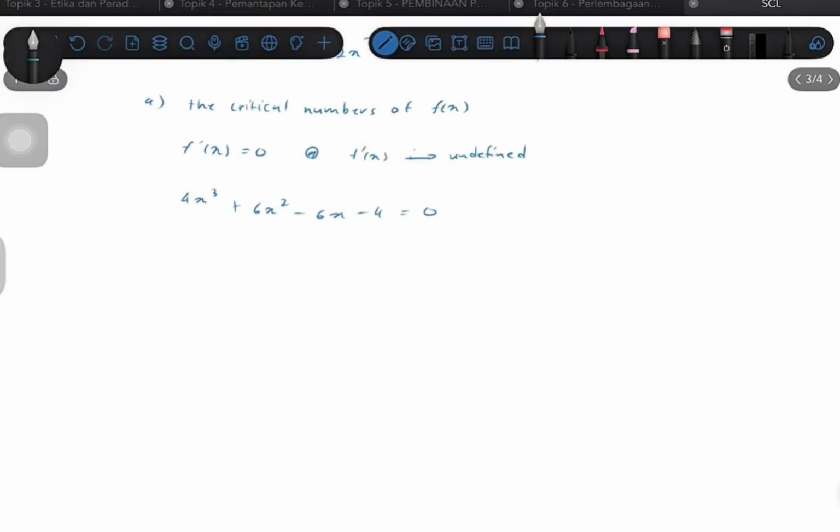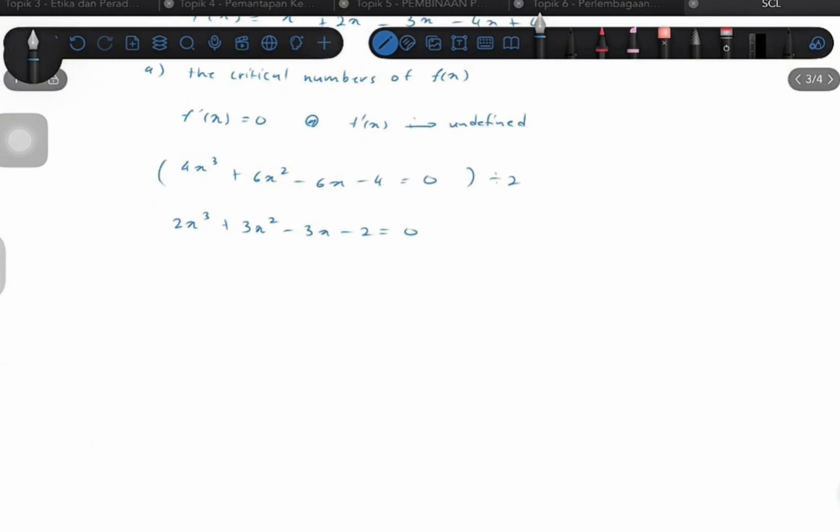Now we need to simplify the equation, so we divide by 2. We get 2x cubed plus 3x squared minus 3x minus 2 equals 0. Now we need to do some factoring, and notice that x equals 1 is a root.